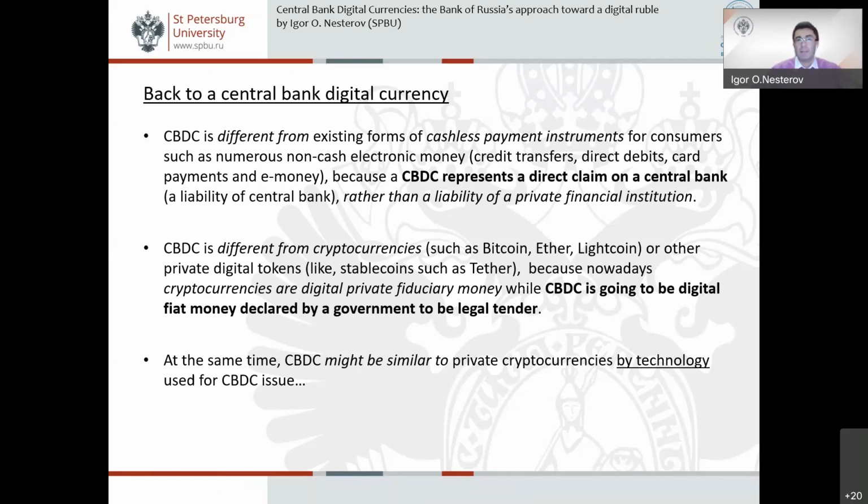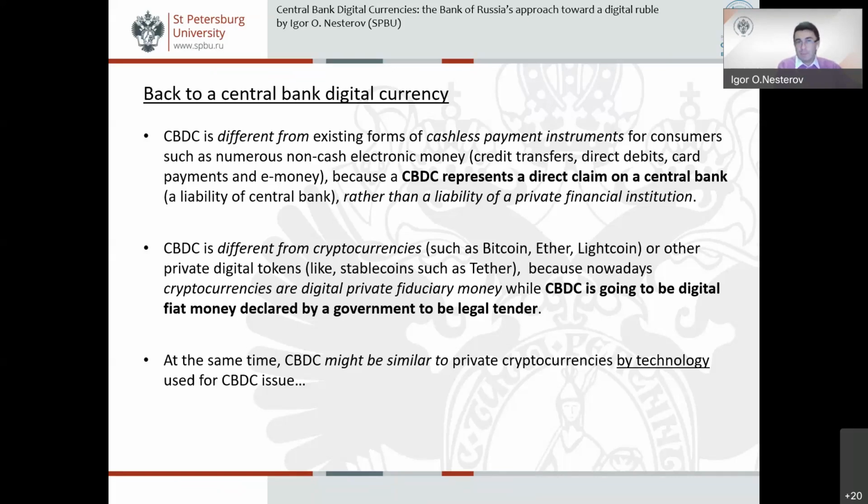So that is a liability of the central bank. Like in the case of commercial bank money, we were talking about the liability of private banks. CBDC is a direct liability of the central bank.